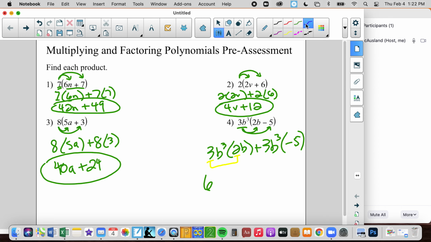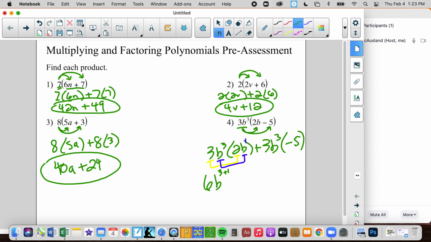And now we multiply like variable with like variable, and there's an invisible 1 there. So when we multiply like bases, what do we do with their exponents? We are going to add them. So 3 plus 1. So that's 6b to the 3 plus 1.